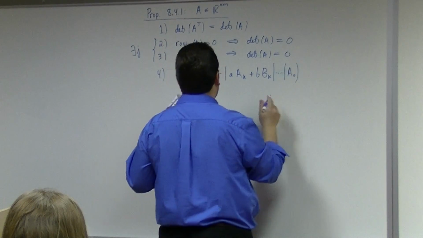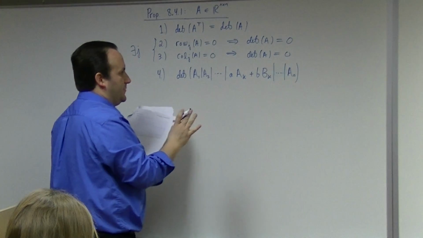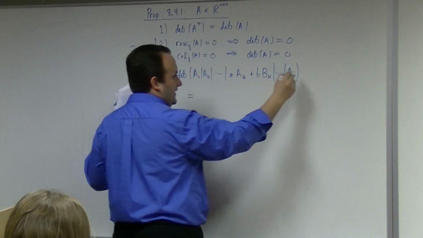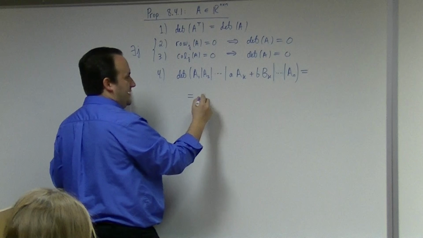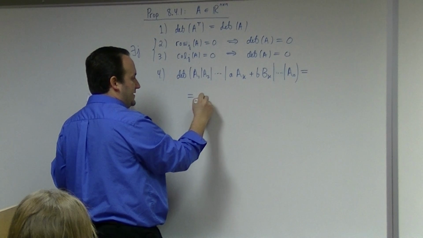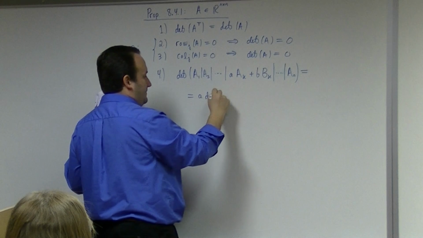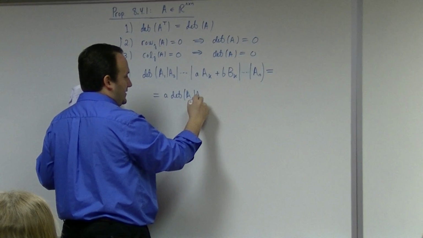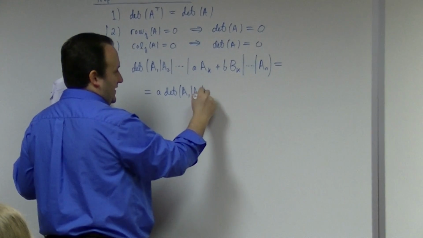So every column here is just A, except for the kth one, which has this linear combination. It turns out that the determinant has a nice property called multilinearity. You can pull the constant out, like that, provided you keep all of the other n-1 columns just the same.